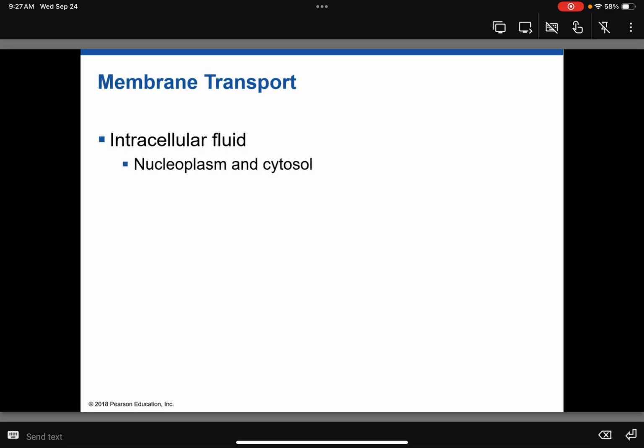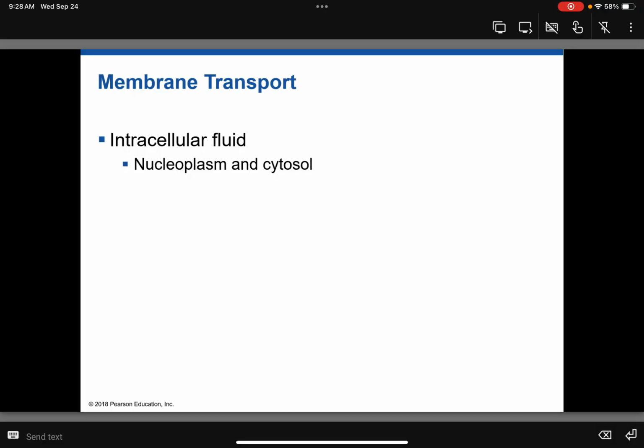So part of the transport has to do with the intracellular fluid and the extracellular fluid. So what is inside of the cell and what is outside of the cell. So the intracellular fluid is going to be nucleoplasm and cytosol. So nucleoplasm, that substance that's inside of the nucleus.